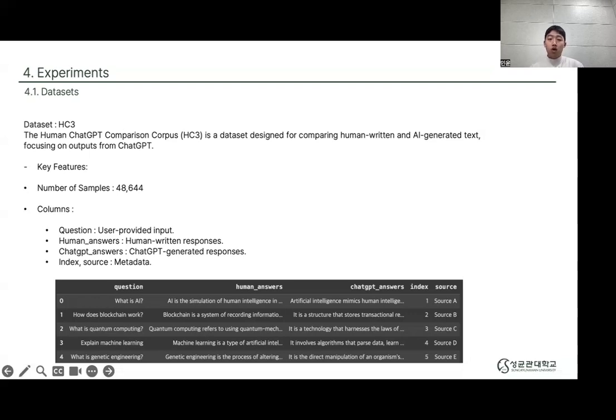For our study, we specifically focused on 50 ChatGPT-generated sentences from the ChatGPT answers column. These sentences were used to evaluate both the watermark injection and detection processes.